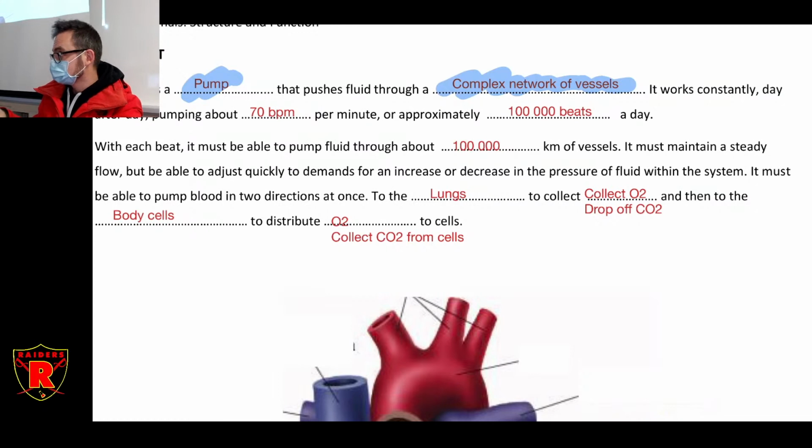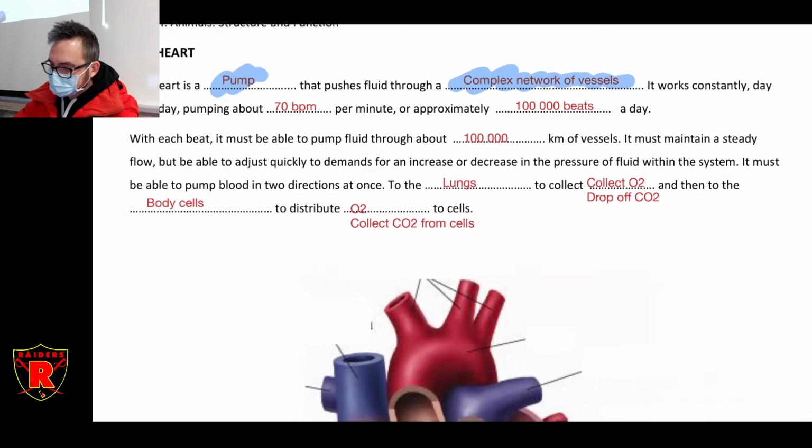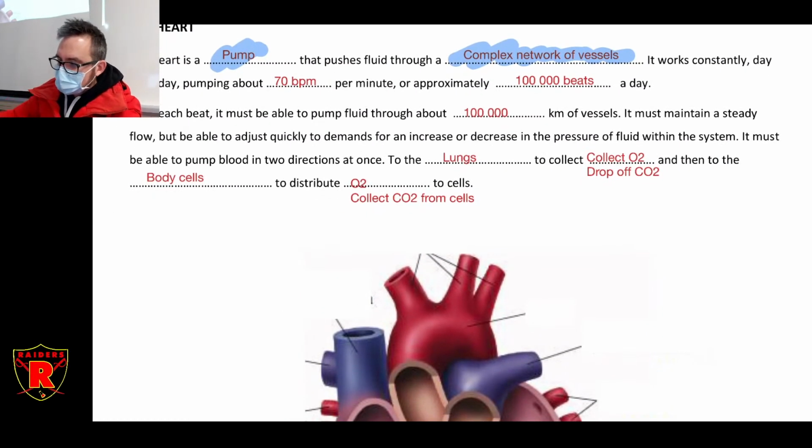Now, some more than others. You can redirect blood flow to certain areas. You can relax blood vessels in certain areas so more flow goes there. You can constrict blood vessels in other areas so that less blood flow goes there. So you can coordinate that. So it does have some mechanisms for increasing or decreasing the pressure.